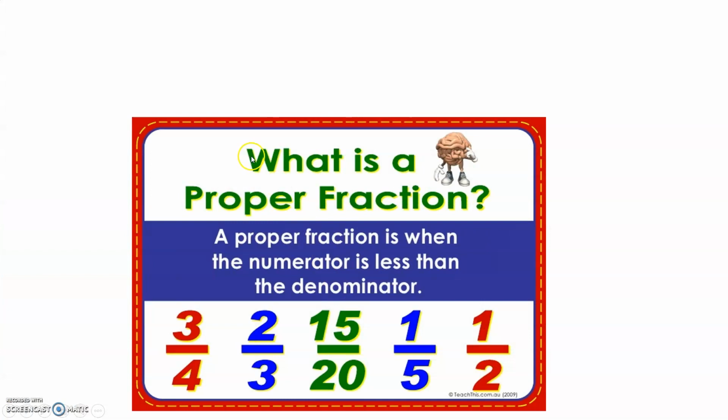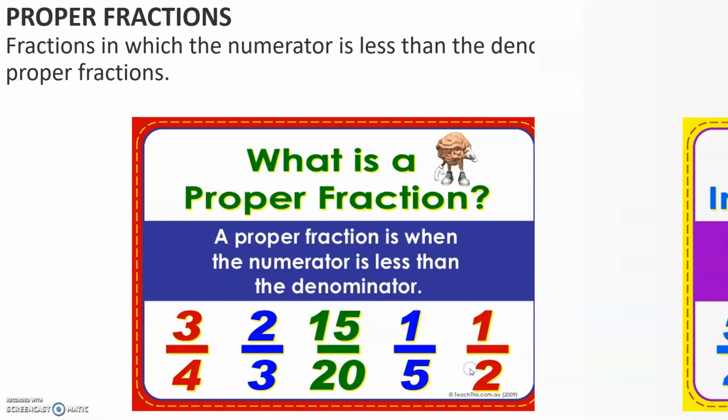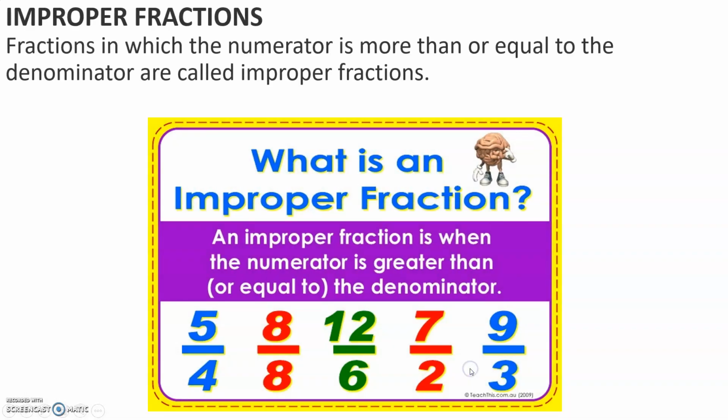Moving next, what is a proper fraction? A proper fraction is when the numerator is less than the denominator. So like 3 upon 4, 2 upon 3, 15 upon 20, 1 upon 5 and 1 upon 2. Next, improper fraction.